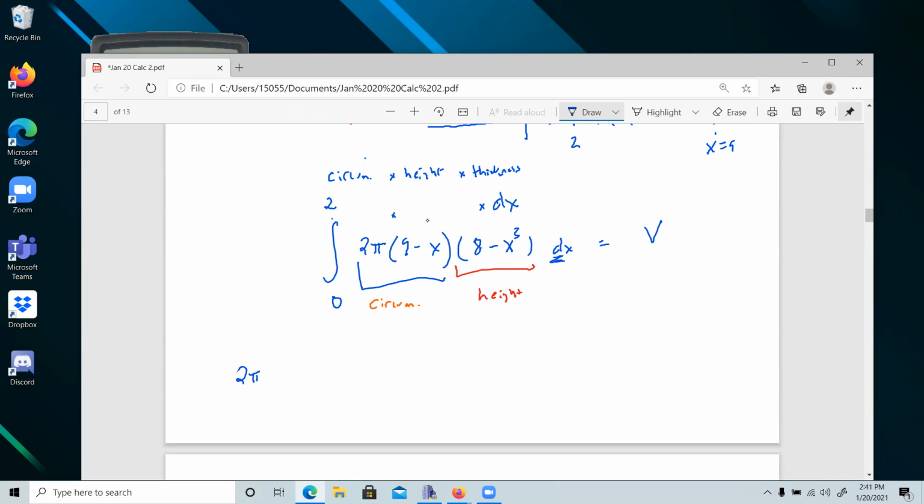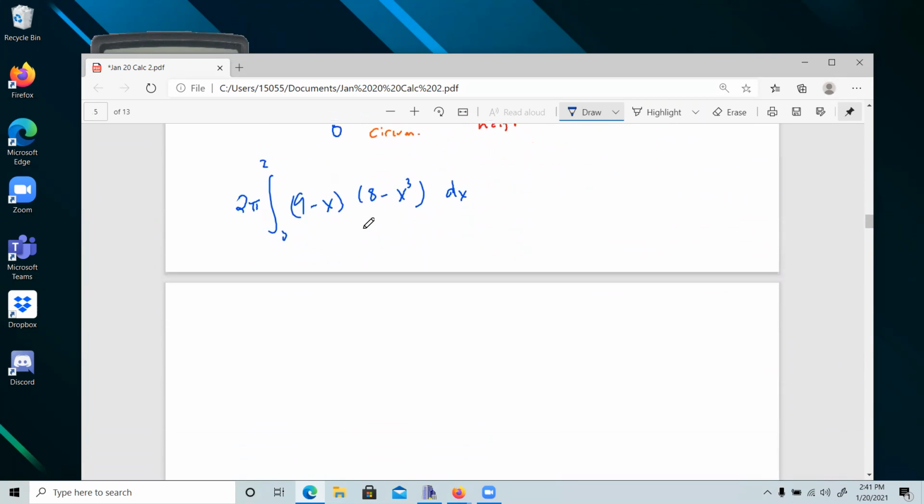All right. Speaking of how long it is, let's finish this off. All right, 9 minus x, and then 8 minus x cubed, right? dx. Oh joy, now we get to multiply all of this stuff out, right? So 8 times 9, that's going to give us 72. We're going to have a minus 8x here, right?